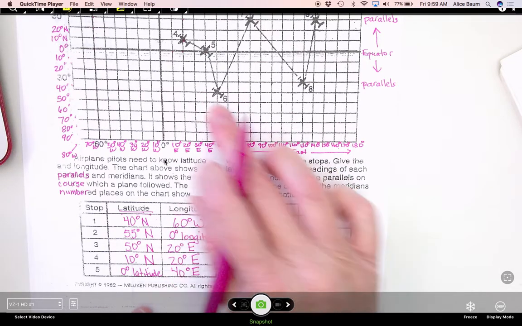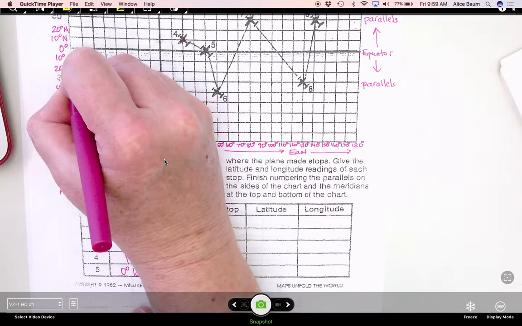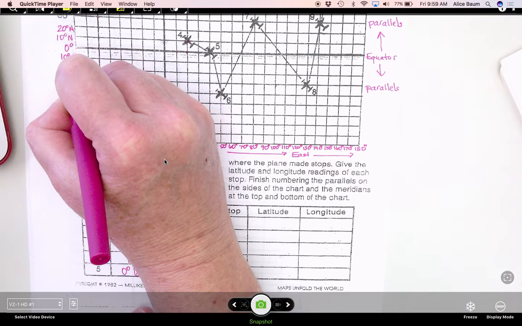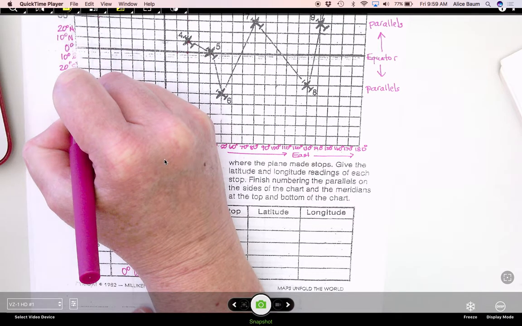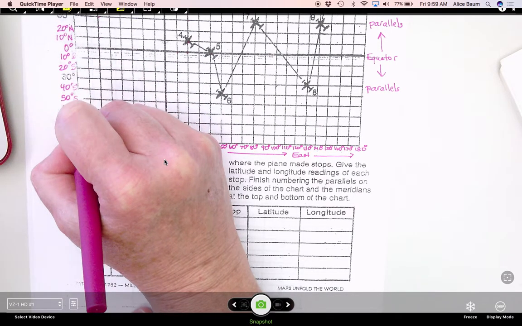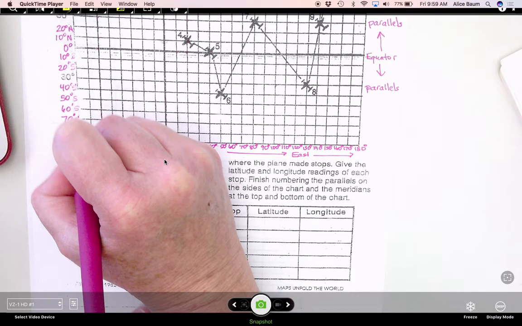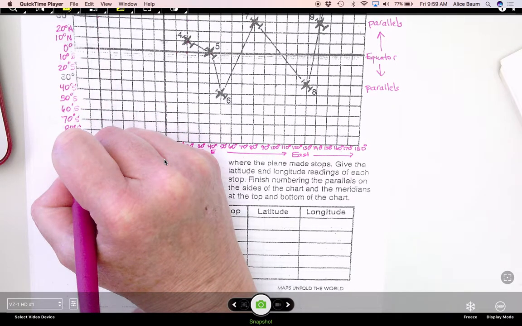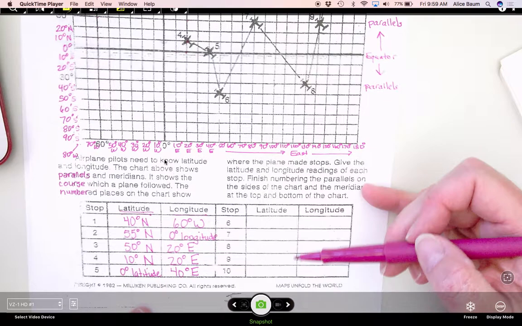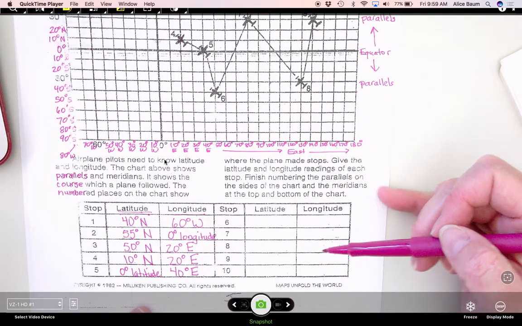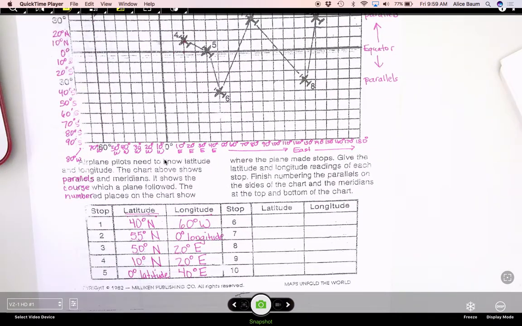Notice that 6 and 8 are going to be south, north, south, east, west. These are all south. So when you do these, see how you can do now with 6 through 10 and compare with your neighbors, see if you get it right. Good luck.